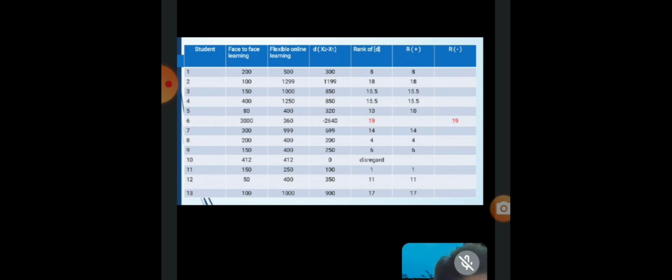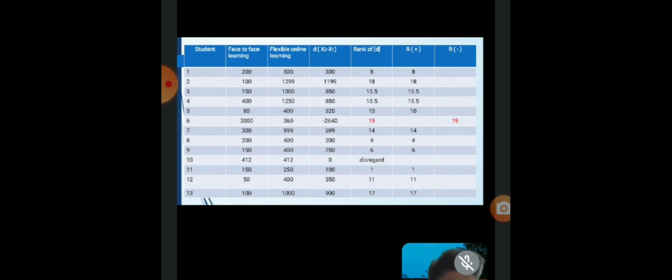Then, next po is 900. Wala naman pong iba. Kaya ang kanyang place is 17. Kaya 17 din po ang kanyang rank.